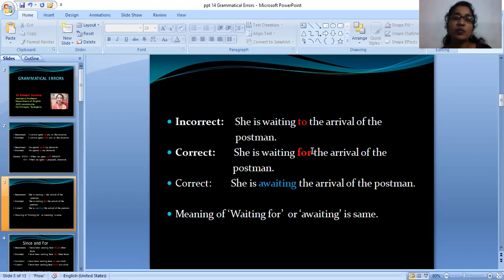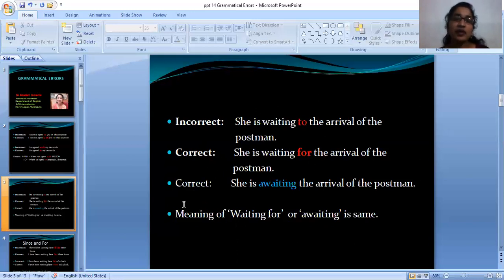We cannot use the preposition to here. Then what is the preposition we have to use? She is waiting for, not to. I hope you can see the movement of the cursor here. She is waiting for the arrival of the postman. So this is the correct sentence.